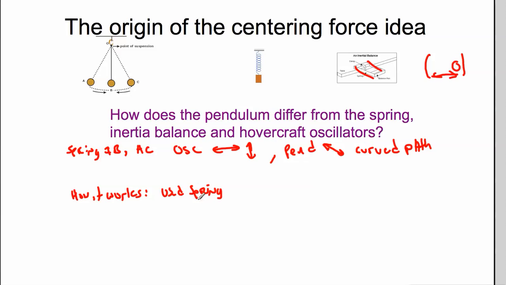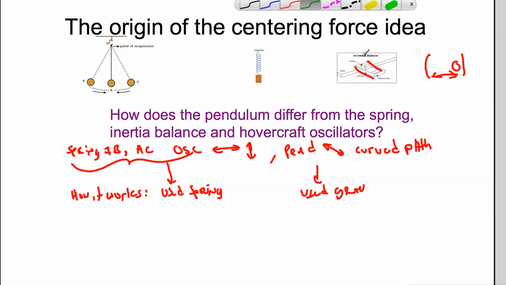So many people saw that as those three oscillators used springs, whereas the pendulum used gravity to help make it move. And we focused on trying to say, well, what are we talking about here?